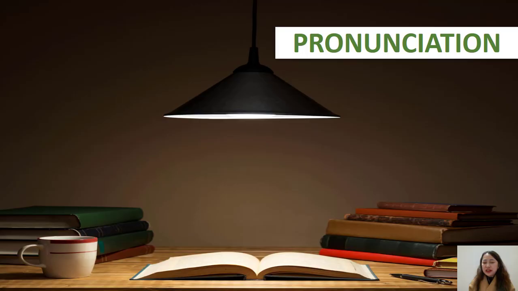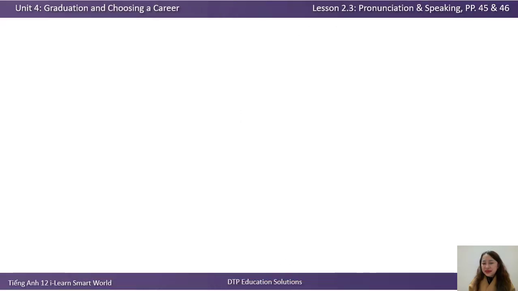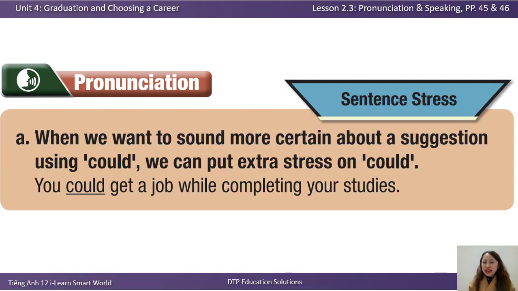Now let's move on to pronunciation, especially focusing on sentence stress. Today, we will learn how to emphasize the word could to make a sentence sound stronger or more certain. Let me explain how it works. The first thing I would like you to know more about is why sentence stress matters.